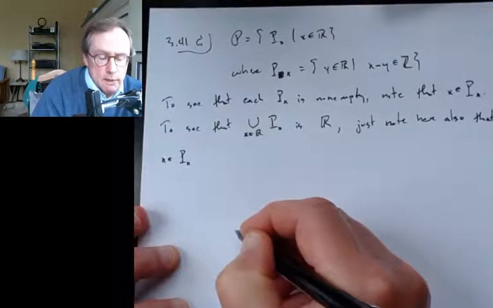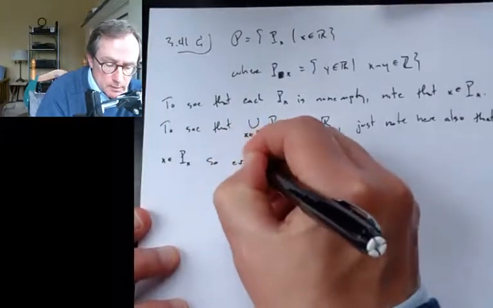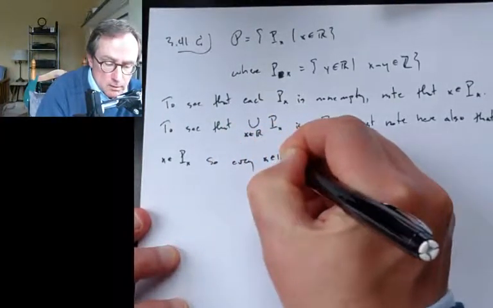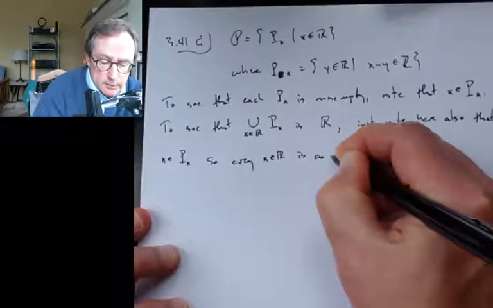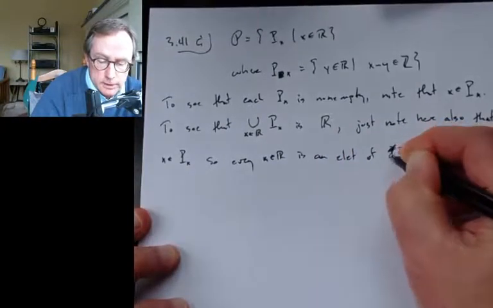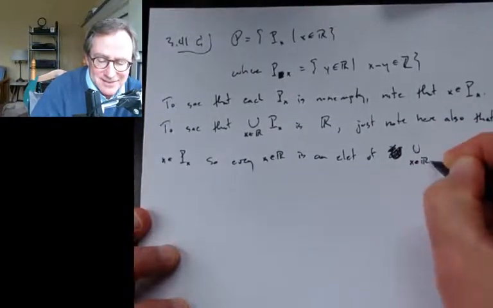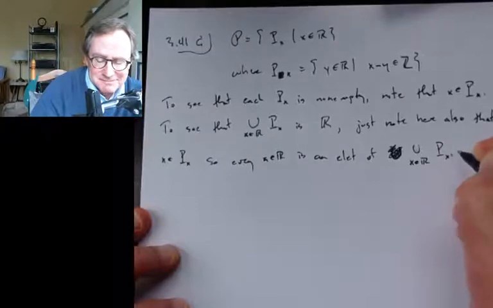So every real number x is an element of the union. Oh, darn it. Sorry. The union over x in the reals of Px.